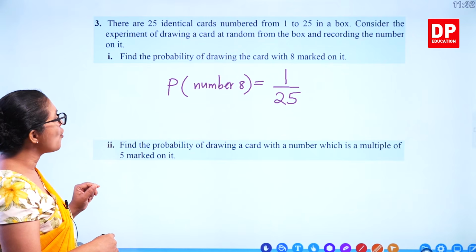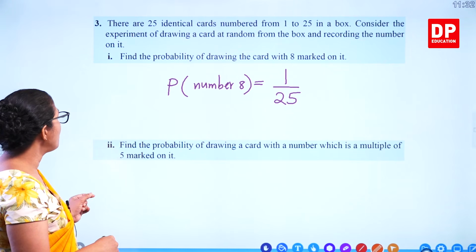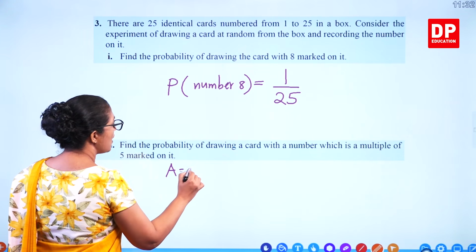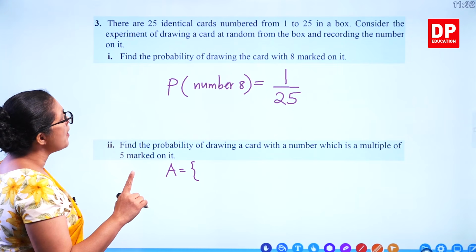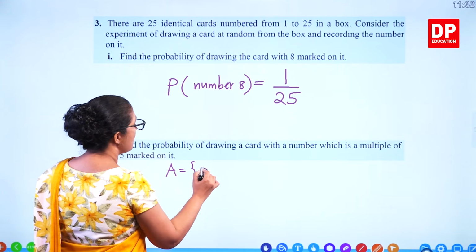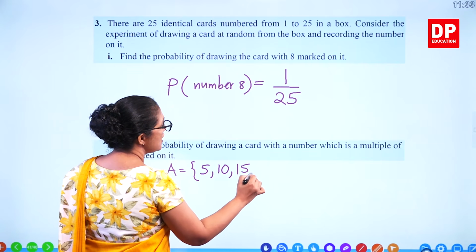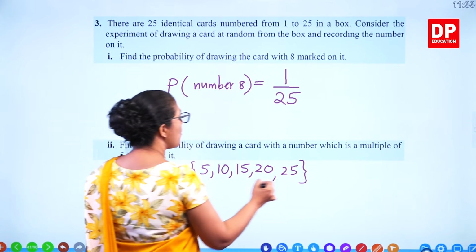Find the probability of drawing a card with a number which is a multiple of 5. So we have to write down what are the possibilities. Multiple of 5. So 1 to 25. So 5 times 2, 10. 10, 5 times 3, 15, 20 and 25. So these are the possibilities.